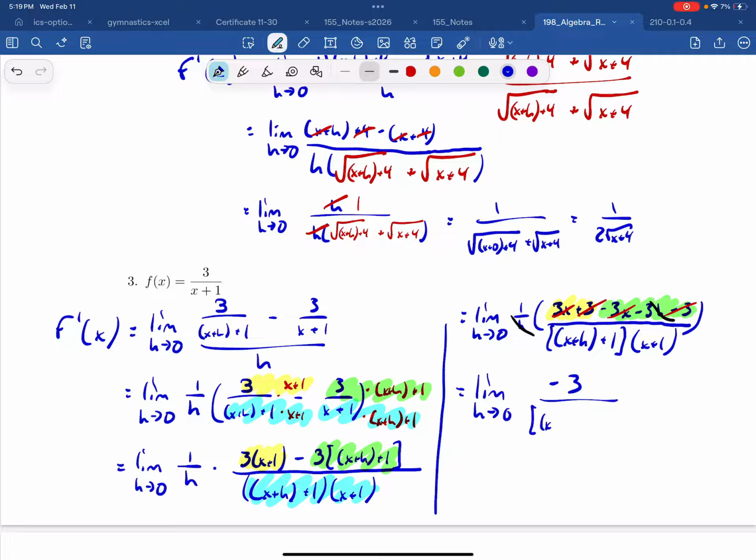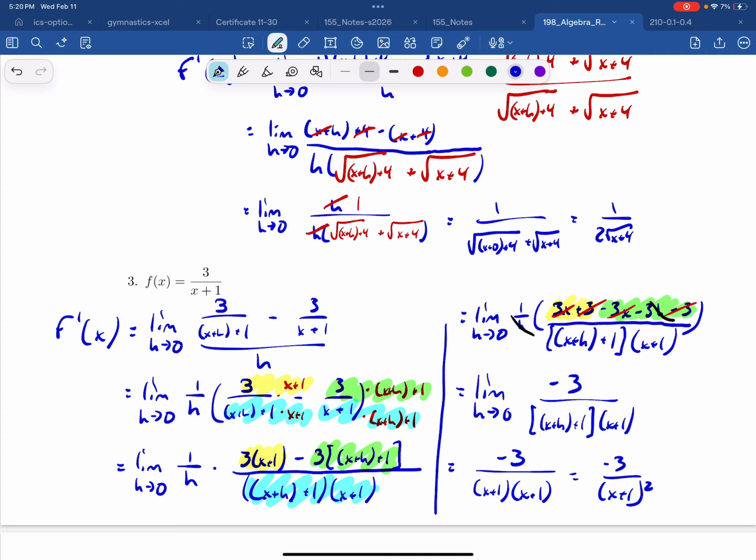Over x plus h plus 1, times x plus 1. And then we just evaluate this at h equals 0. And, of course, the h just goes away because it becomes 0. And we just have 3 over x plus 1 times x plus 1, or negative 3 over x plus 1 quantity squared. And that's our answer.